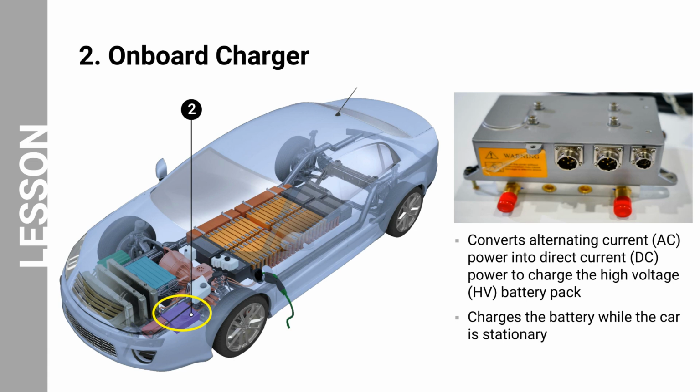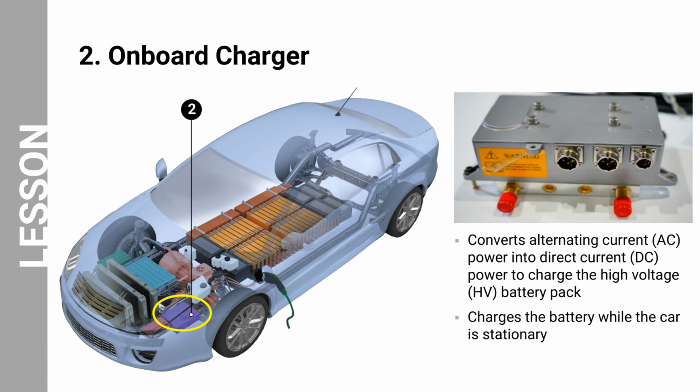It monitors the charging process to ensure the battery is charged safely and efficiently. It manages factors such as voltage levels and current flow to protect the battery from overcharging or overheating. The onboard charger is typically located in the trunk or under the hood. When you plug a BEV into a charging station or an outlet, the onboard charger allows the vehicle to accept and process the incoming AC power. It is integrated into the charging system.